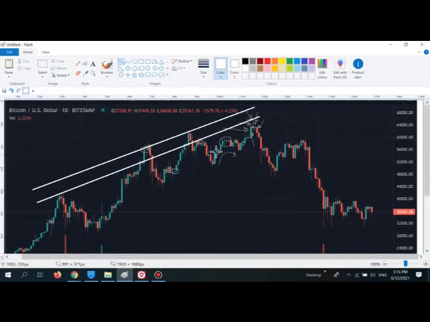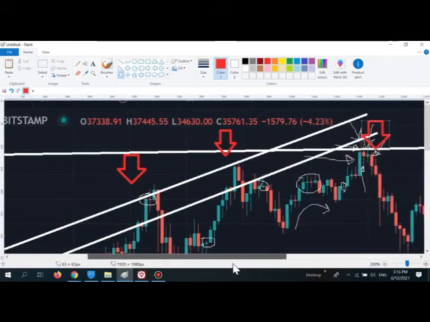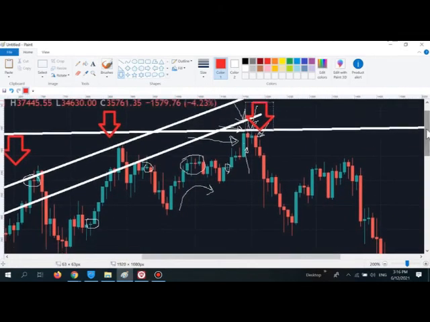You have a resistance area here, which can be represented by many lines, as I can put them into the chart and you can see it. It's very obvious. The price reacted to these areas one time, two times, three times. So it's probable, based on the candlestick patterns that I mentioned, that the price will lose its strength in the uptrend levels.